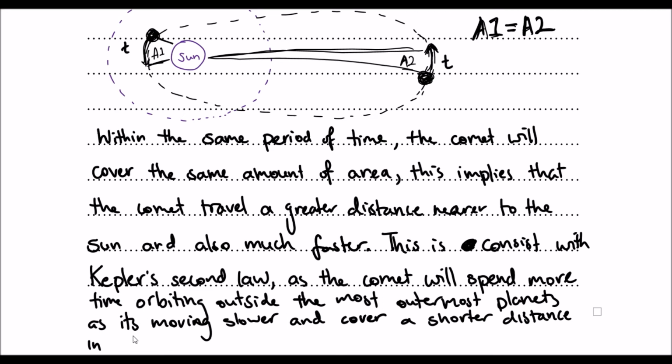Cover a shorter distance compared to if the comet is orbiting near the sun.